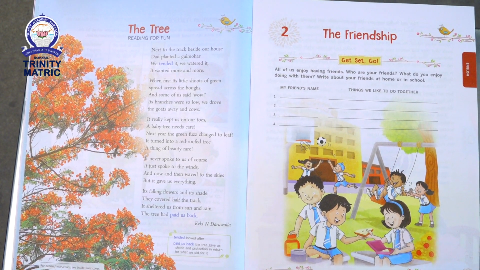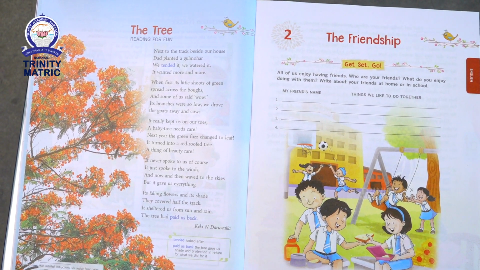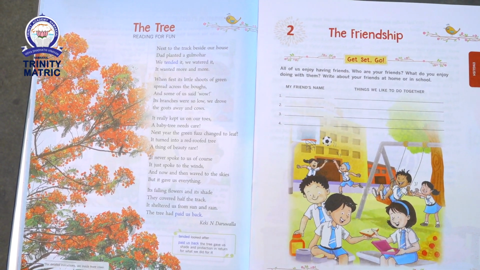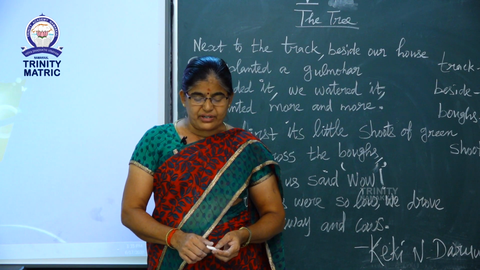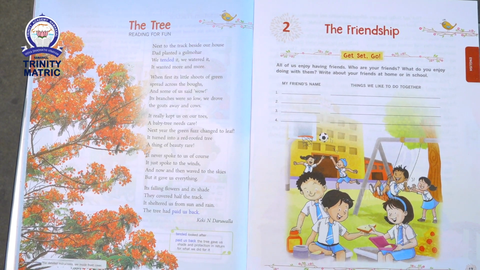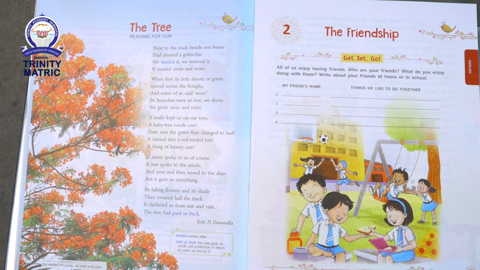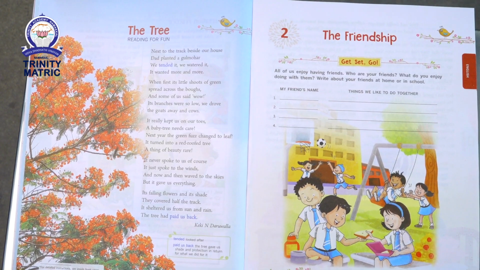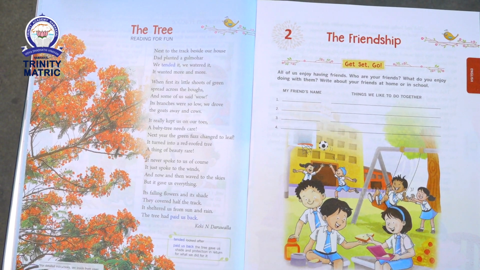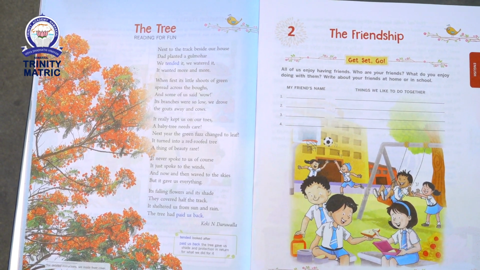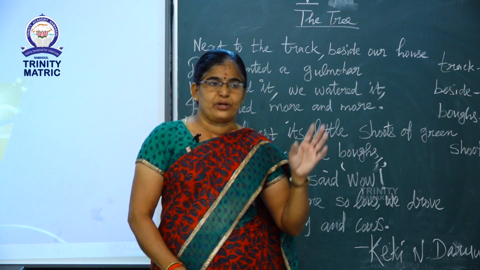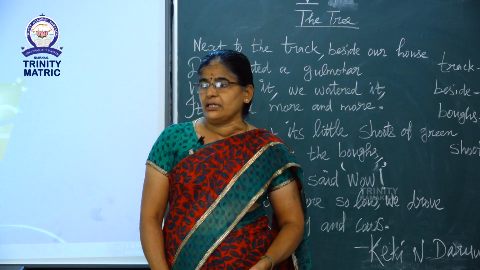It just spoke to the winds and now and then waved to the skies. But it gave us everything. Its falling flowers and shade, they covered half the track. It sheltered us from the sun and rain. The tree has paid us back. This poem was written by Keki N. Daruwalla.